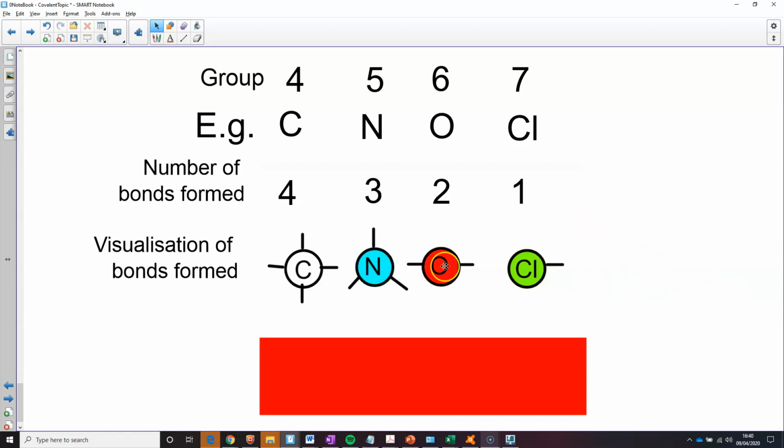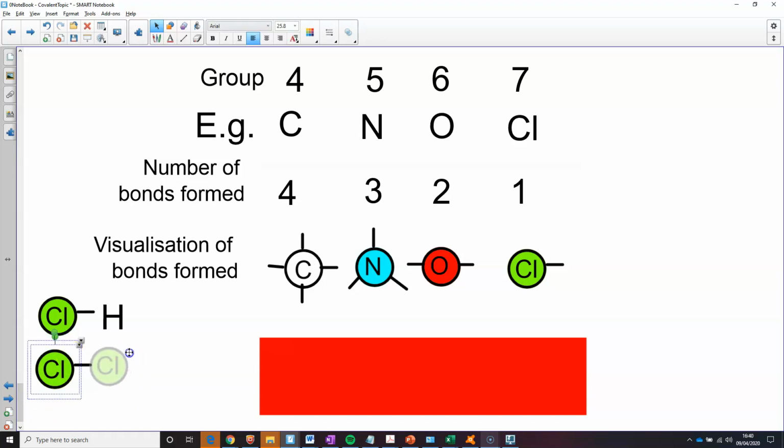We could go back through the compounds which we met so far. So we met hydrogen chloride. Obviously I haven't got hydrogen here, but it would look like this. We then had, say, a chlorine molecule, which would have looked something like this.